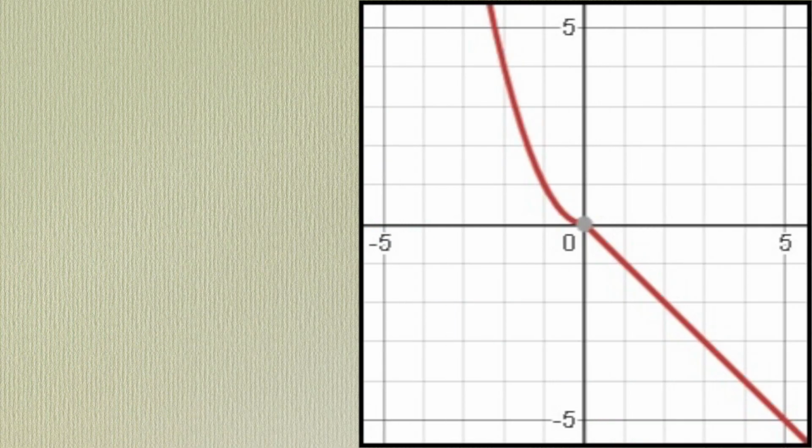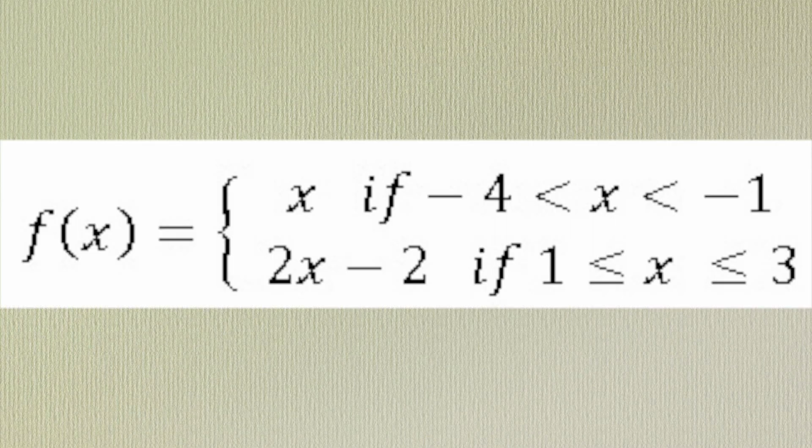So the range is also negative infinity to infinity, which means that the range in set notation is y such that y is all real numbers.